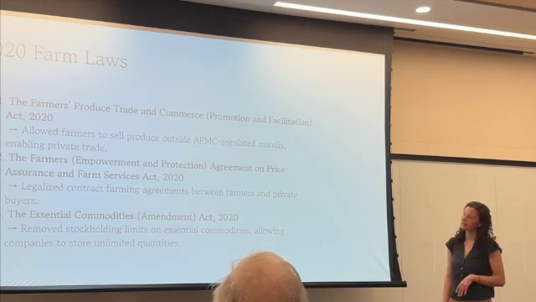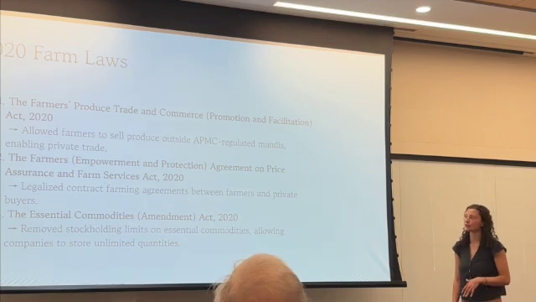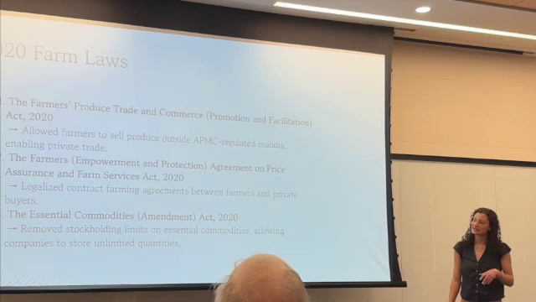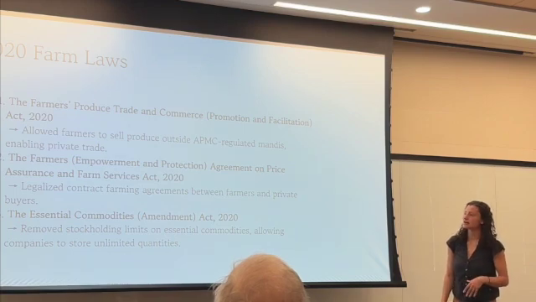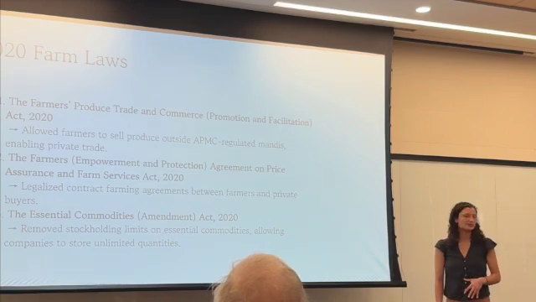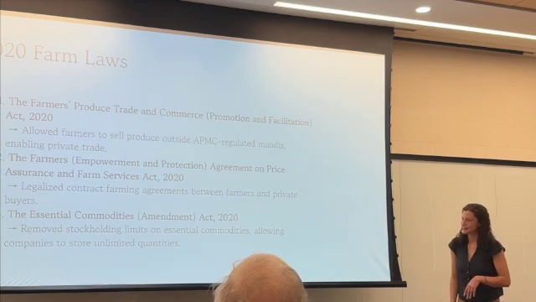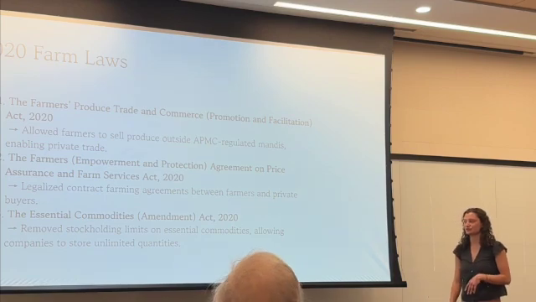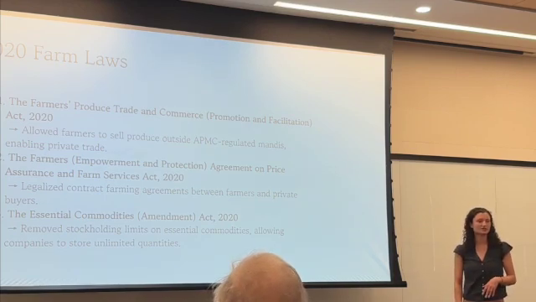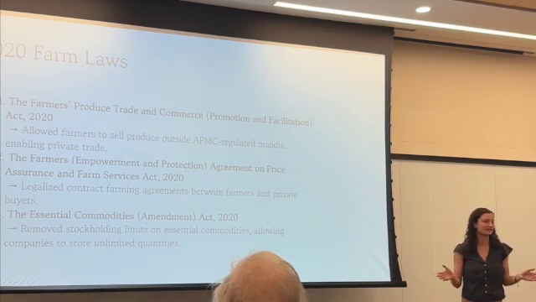I'll let you read them yourselves, but the first law essentially allowed farmers to sell produce outside of these markets, enabling private trade. The second legalized contract farming, in which farmers and private buyers could determine their own relationships. And the third was a limit on essential commodity stocking, in which buyers can store some food for later to keep more price stability.